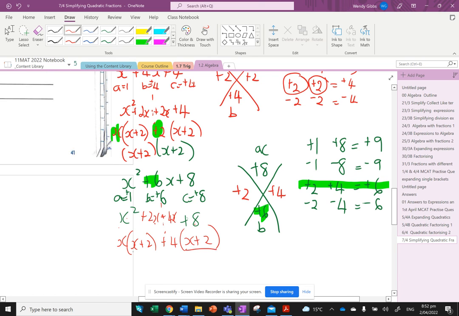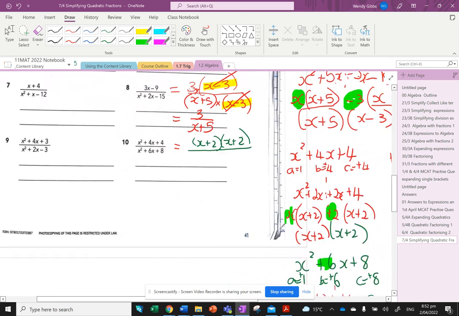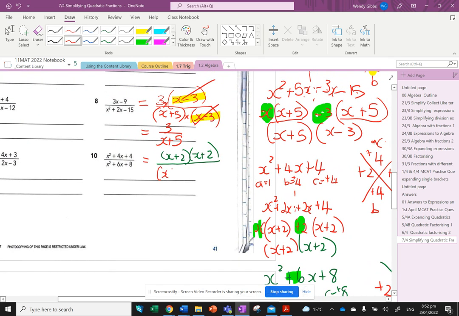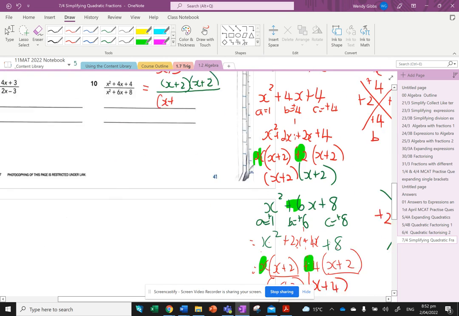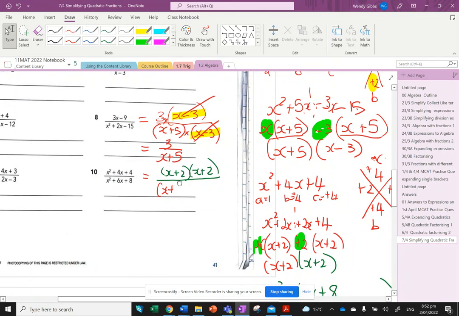And oh, look, we have the same bracket again. So one of our brackets is x plus 2. And the other bracket is the leftover bits, which is x plus 4. Those are our two brackets. So that's what goes on the bottom here. Our brackets were x plus 2, x plus 4.